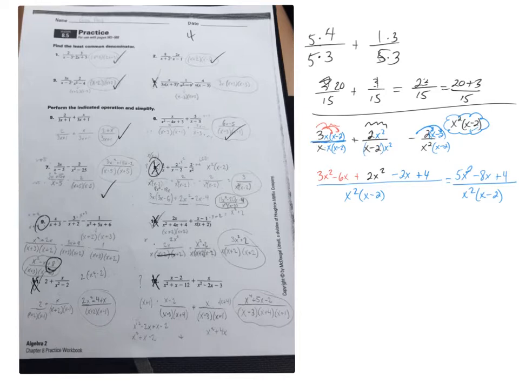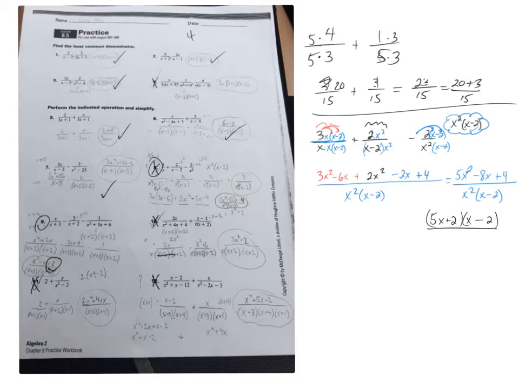Now, you always have to watch out. This numerator looks like it might factor, and I think it will. Let's try and see what we get if we do 5x and an x, and maybe a 2 and a 2, and we do a minus and a plus.